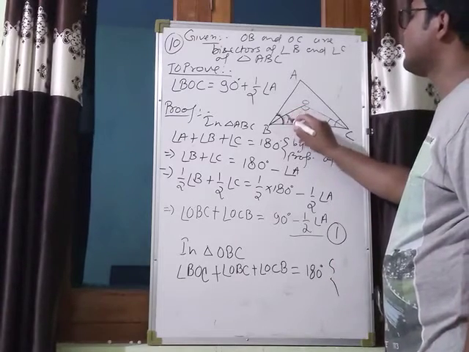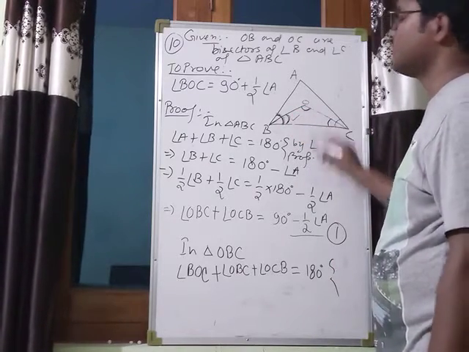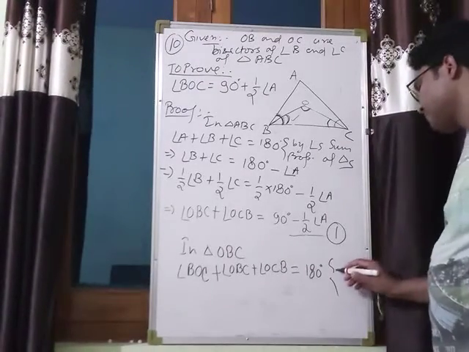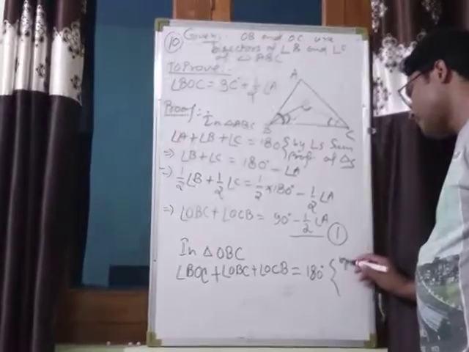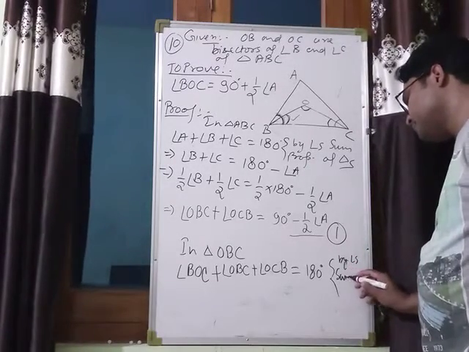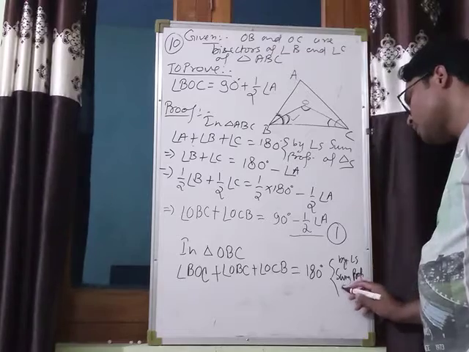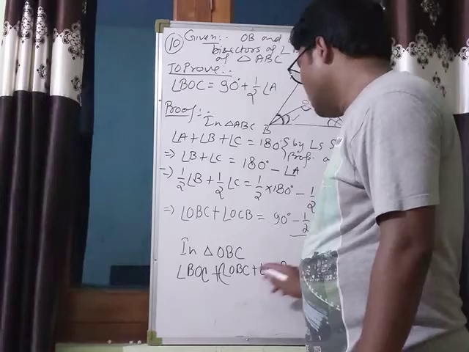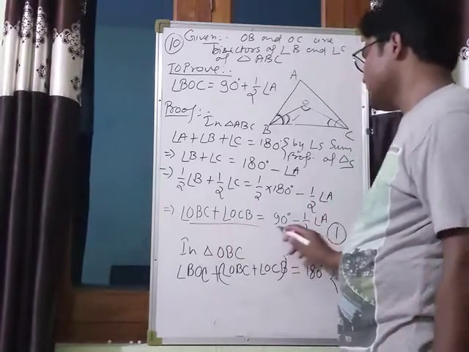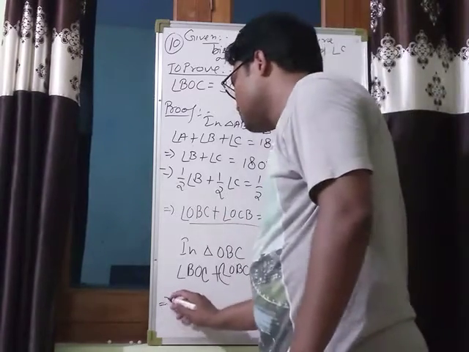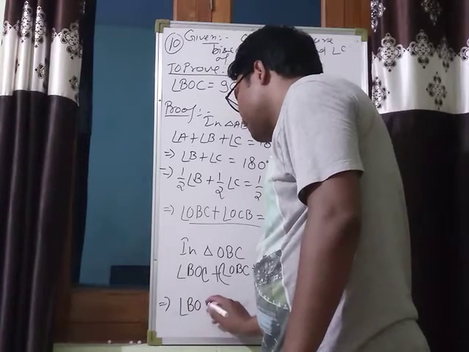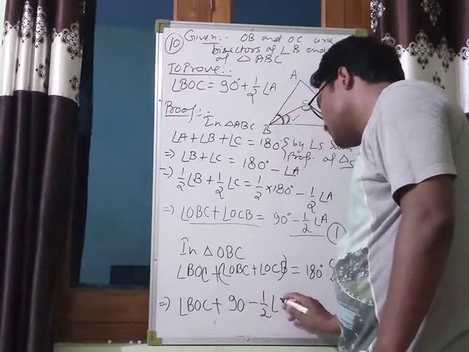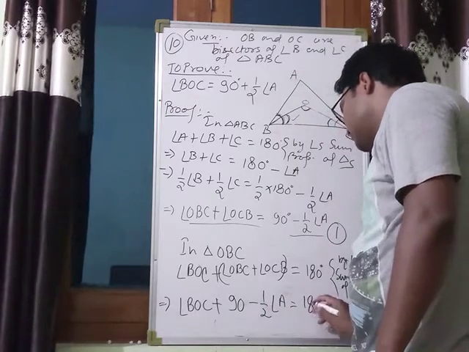This one plus this one and plus this one, that is equal to 180 degree by angles sum property of triangles. Okay. So from here you can see OBC plus OCB, that is 90 minus half of angle A. So from here we have angle BOC plus 90 minus half of angle A equal to 180.